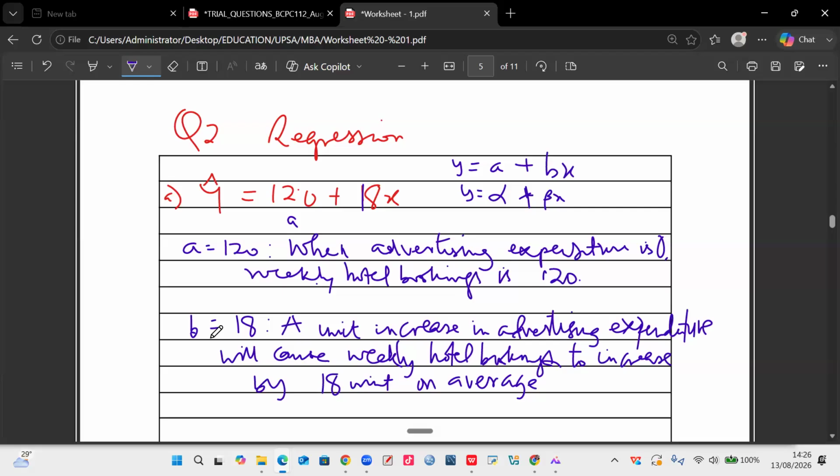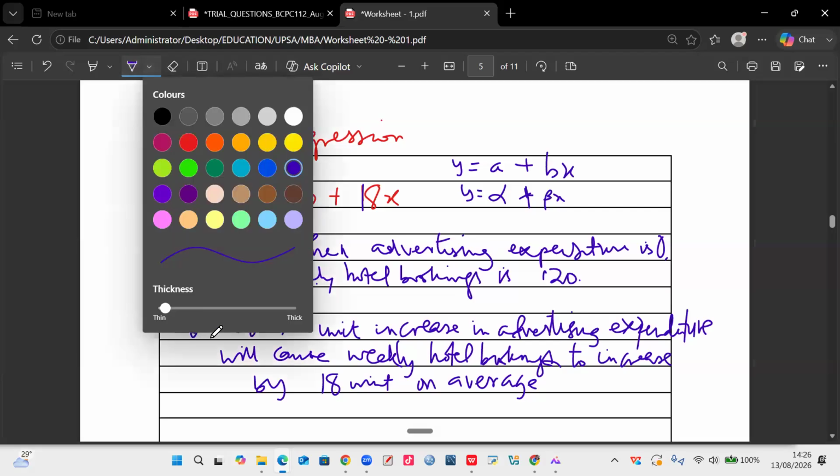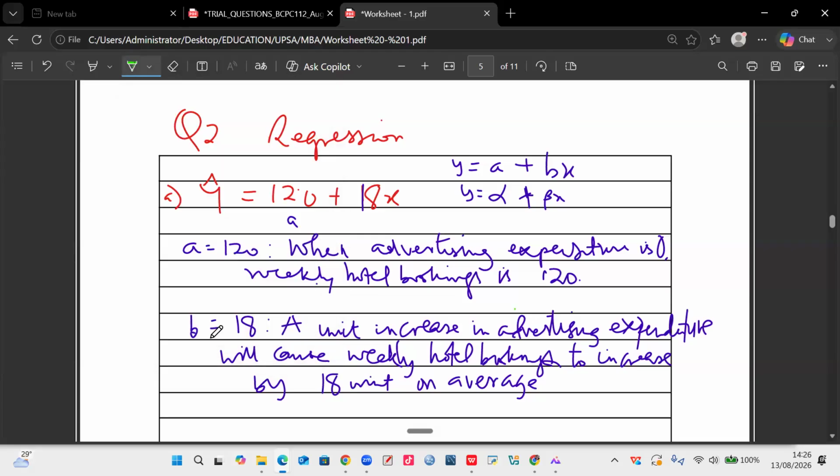So when we are giving the interpretation, we say that the B, do you understand the A? Yes, I understand the A. Like when I solved it this way, Y hat equals 120 plus 18x.